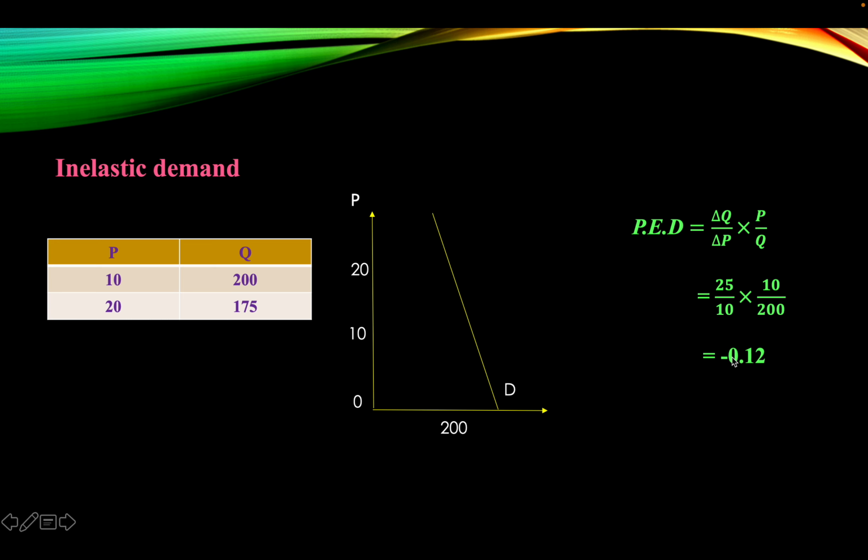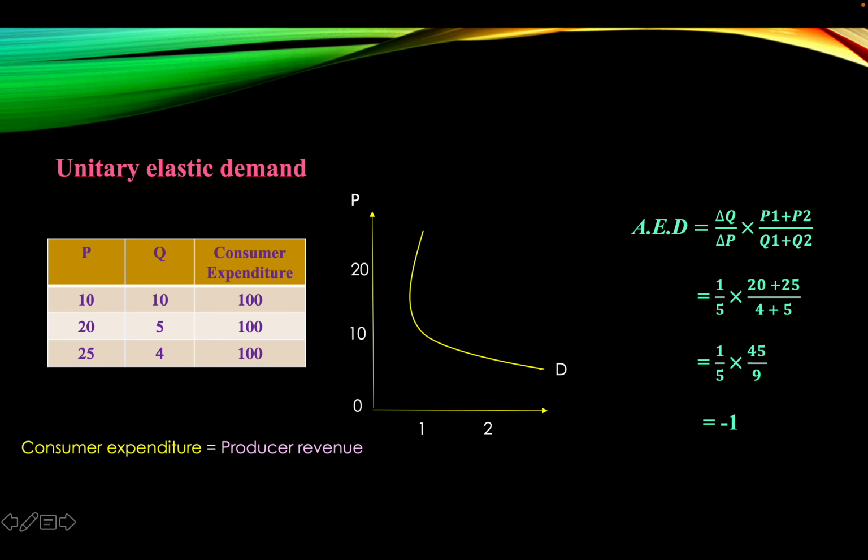The minus mark represents the negative relationship between price and quantity demanded, the law of demand, an inverse relationship. And the demand curve you can see here is bent like this, beginning from the quantity axis. That is an inelastic demand.